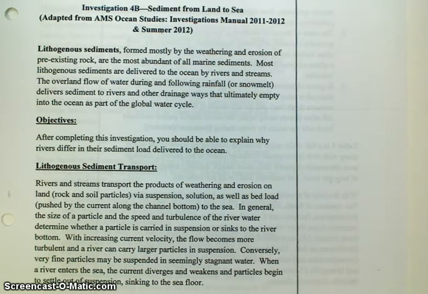Conversely, a very fine set of particles may be suspended in seemingly stagnant water. Stagnant water means water that is not moving at all. When a river enters the sea, the current diverges and weakens, and particles begin to settle out of suspension, sinking to the sea floor. Okay, so let's deal with this paragraph and do some highlighting as well as some additional notes.